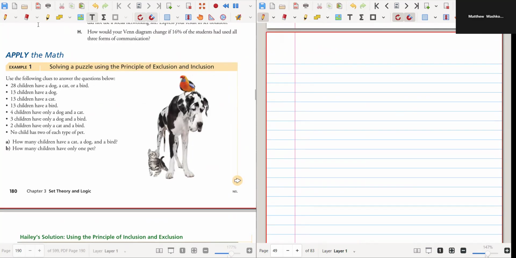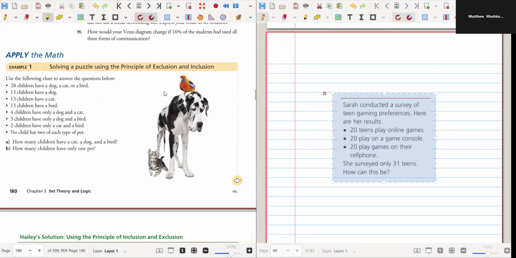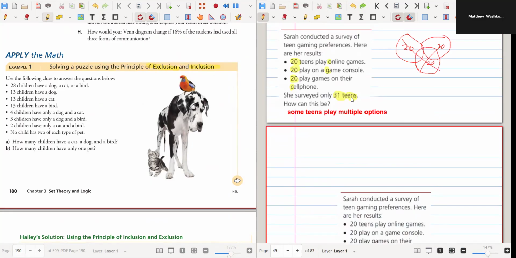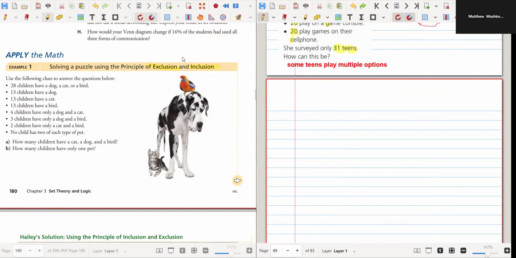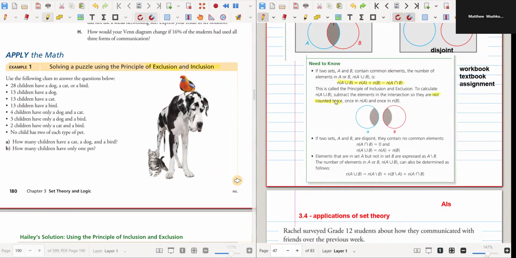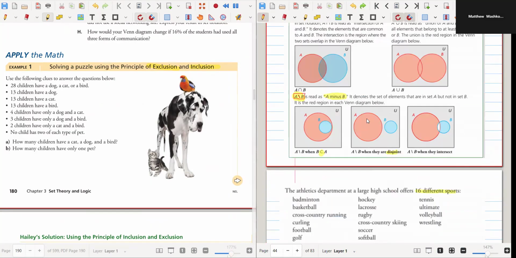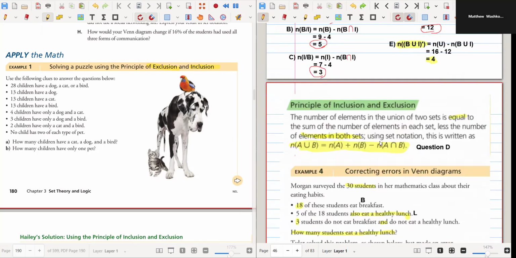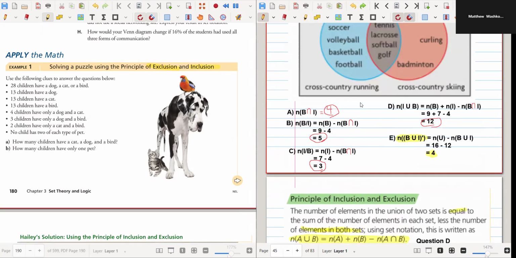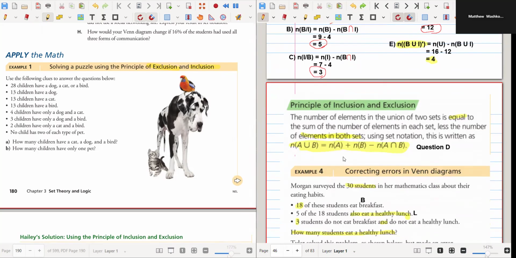Yeah, let's try example 1 here. Now, really look at the title here: Principle of exclusion and inclusion. What's that again? Here we go, right?